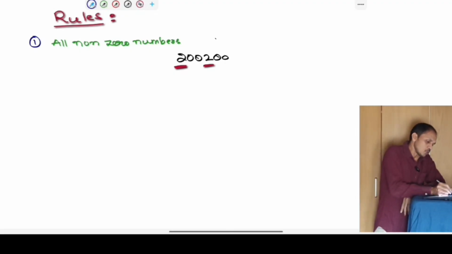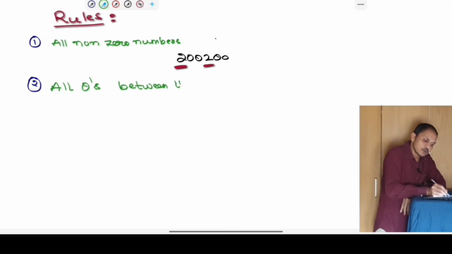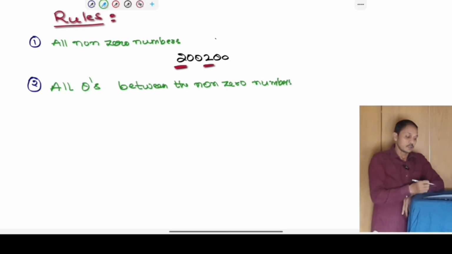Coming to the second rule. All zeros lying between the non-zero numbers are significant. Right?